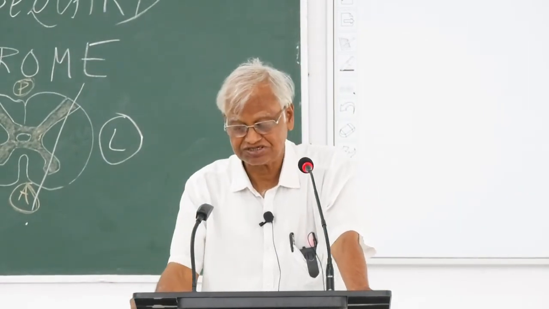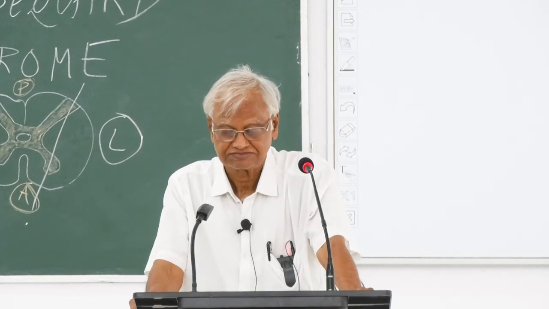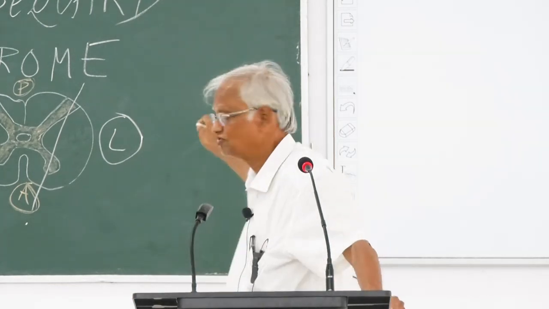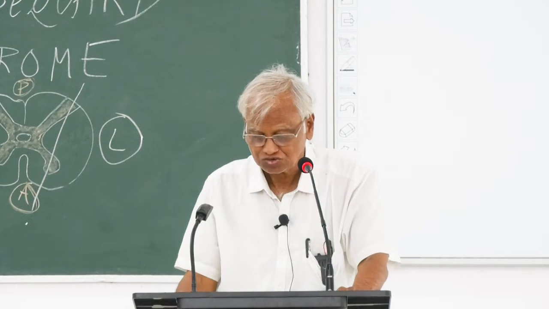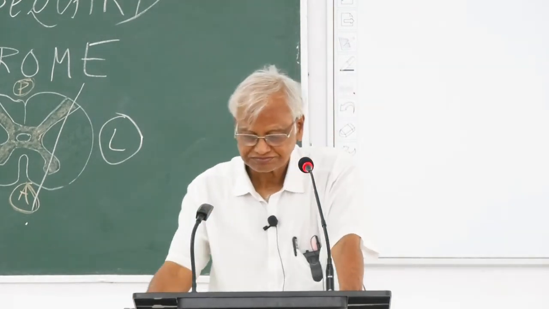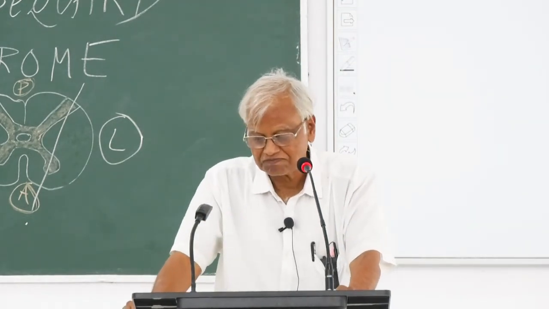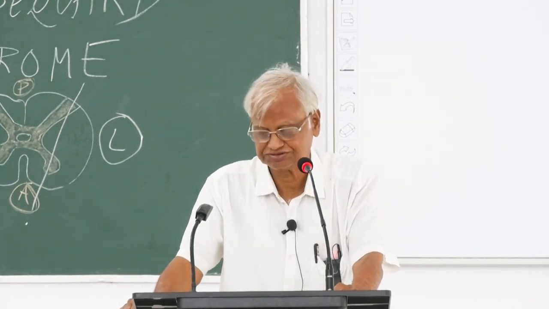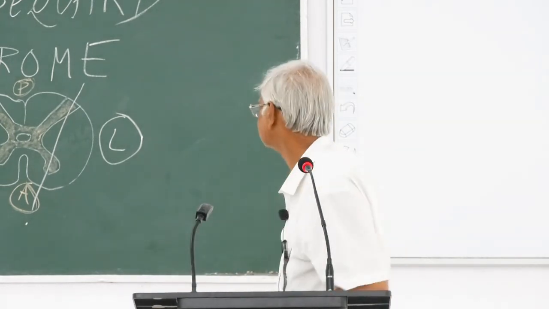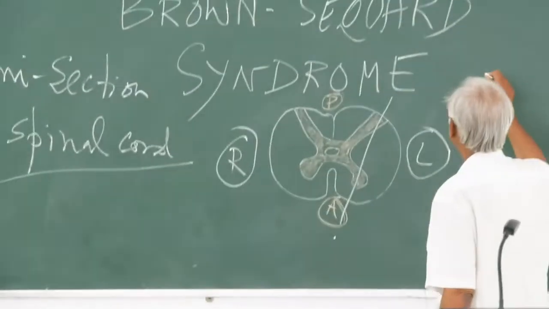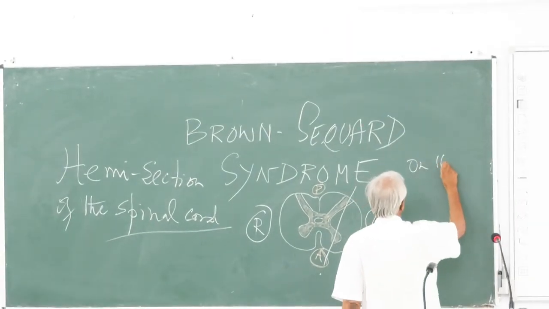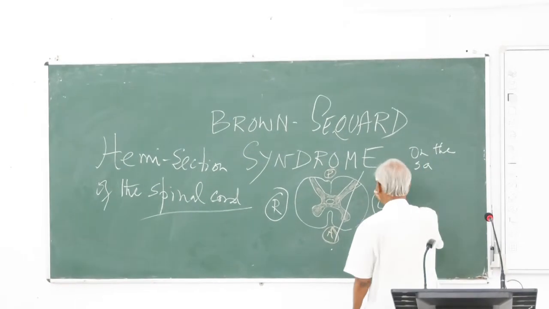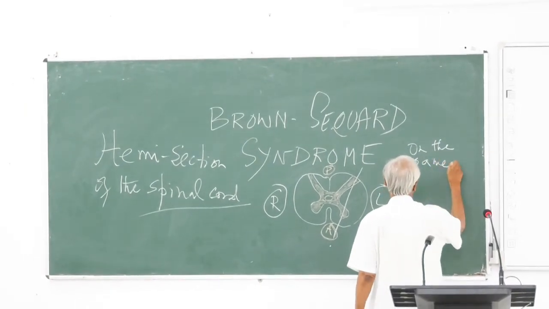At the level of lesion, on the same half, on the left side, you will find two things: complete sensory loss on the same side where the lesion has been, that is left side.